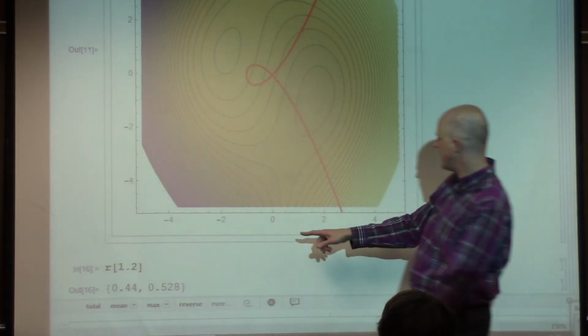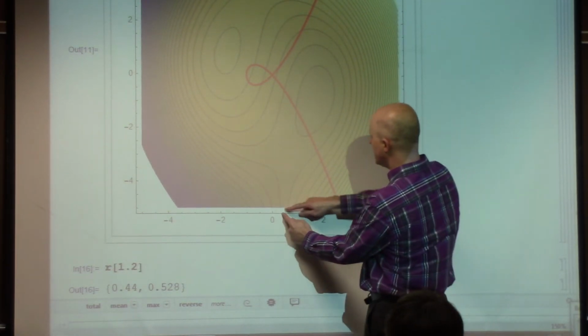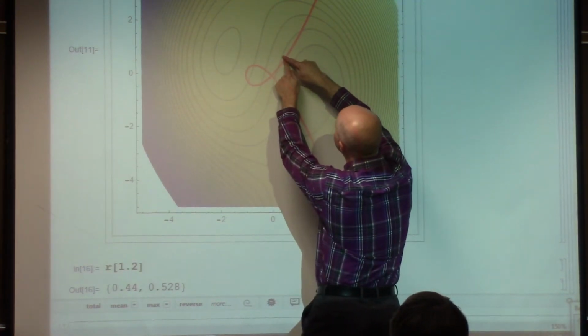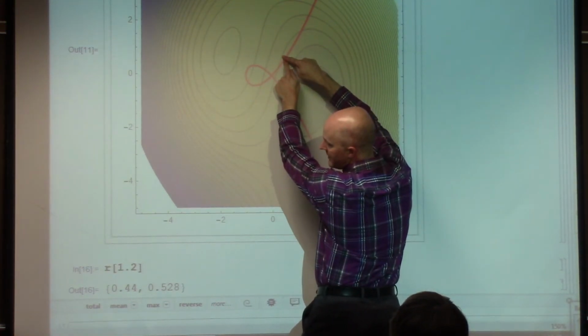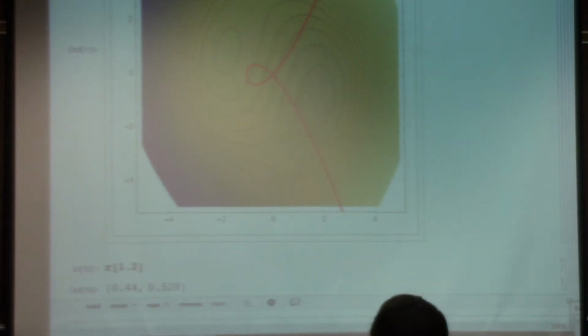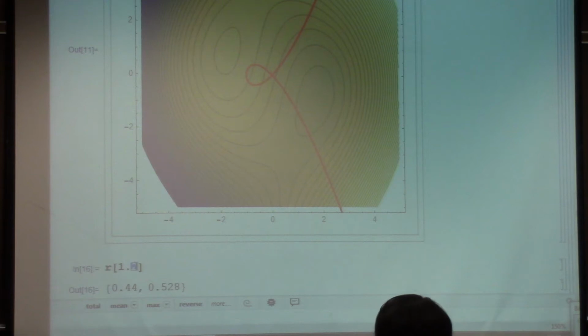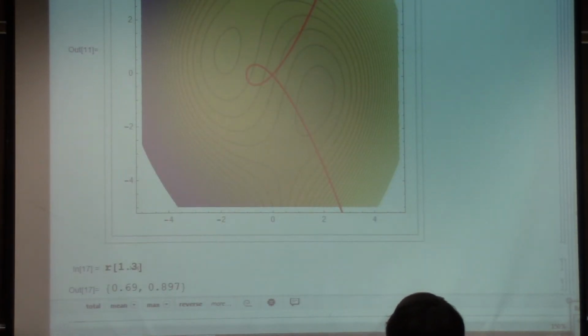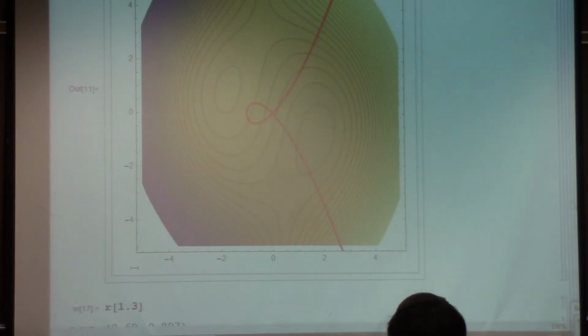I think I didn't guess so well there. More likely to be 1.3 or 1.4. Does that seem closer? It's certainly closer. I'm not sure if we're quite there yet.